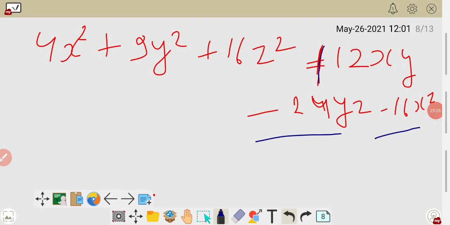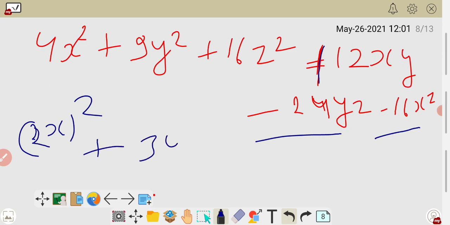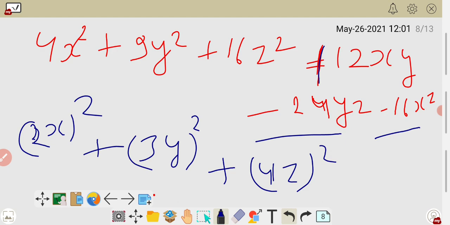Now can we write here 4x square as 2x whole square, and 9y square as 3y whole square, and 16z square as 4z whole square. First you have to do that part from the question. First you convert into a whole square.